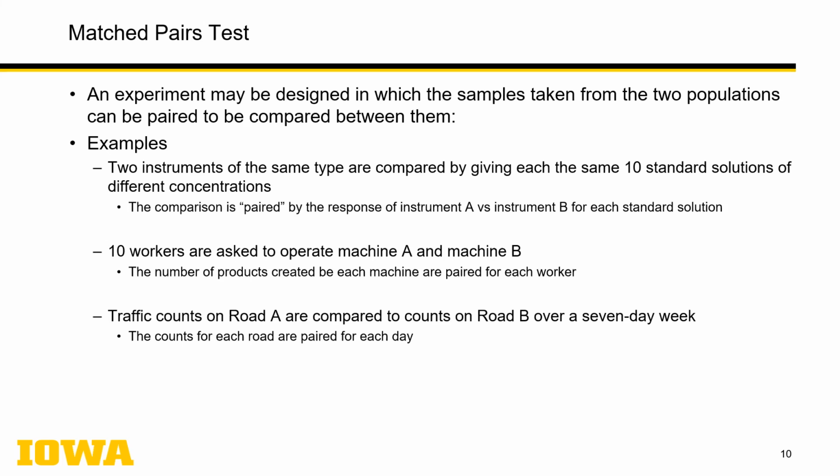So instead, they purposely pair the counts by Monday on road A, Monday on road B, and then they pair Tuesday to Tuesday, etc. So you have to know, in terms of your own experimentation, whether you are dealing with a classic two-sample t-test where you can randomly collect from two different populations, or whether you have a paired testing scenario.